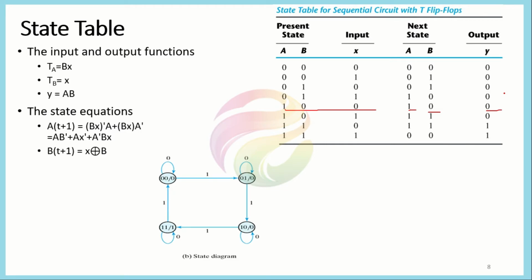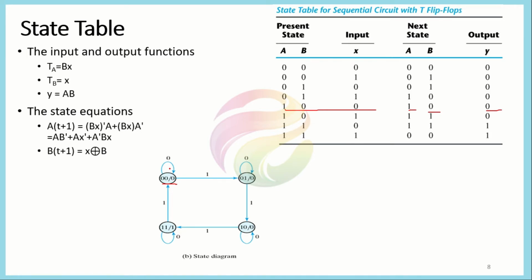Now we have to draw the state diagram of the system. Because the output here is not dependent upon the input, in the state diagram we represent the output in the form of a slash.